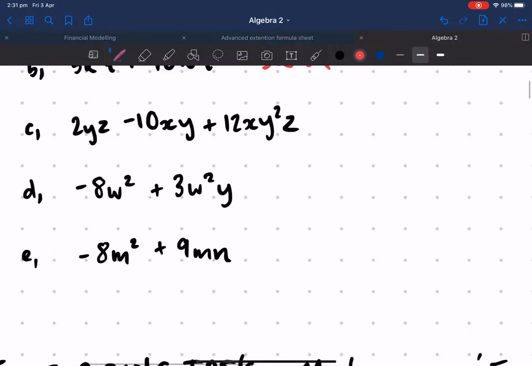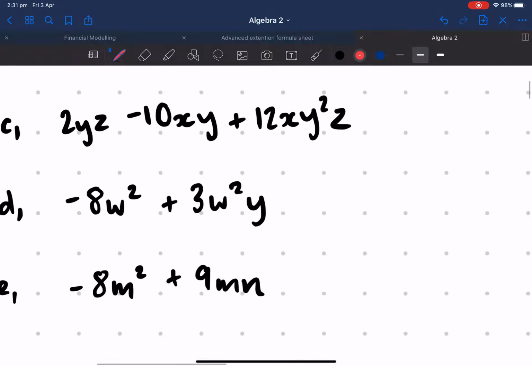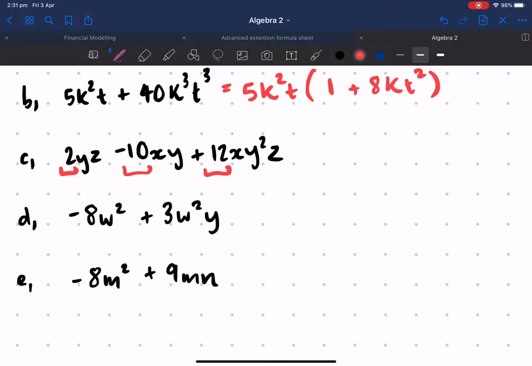Okay, now C is a little bit yuckier, because there are 3 terms. It's the same idea though. I'm looking for some constant number that's going to be in all 3 terms, all 3 parts. It should be pretty obvious in these examples. We're going to make it quite nice for you. That 2 is going to go into every single number. So I'm going to write a 2 out the front.